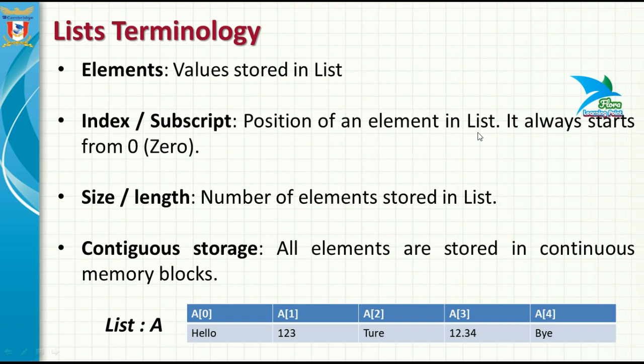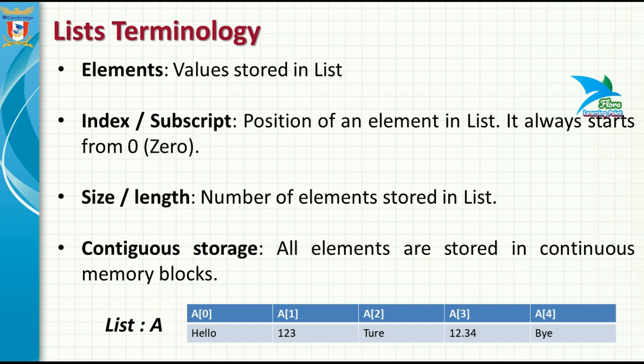The position of an element in a list is known as its index or subscript. Because a list can store multiple values under a single name, what is the uniqueness of each value or element inside the list? That is the index or subscript of that element.